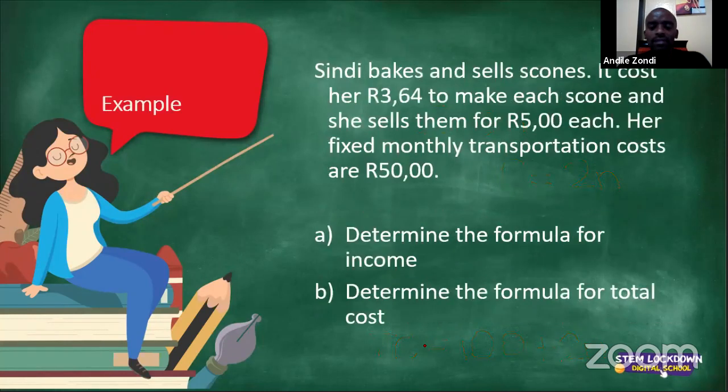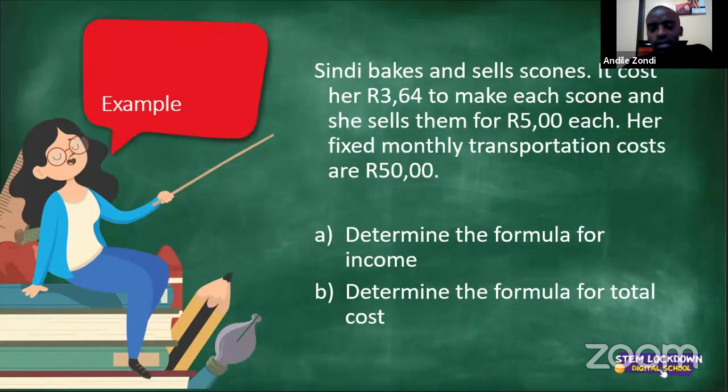Here's an example, actually taken from yesterday's lesson. Here's a lady by the name of Cindy. She bakes and sells scones. It costs her 3 rand 64 to make each scone.